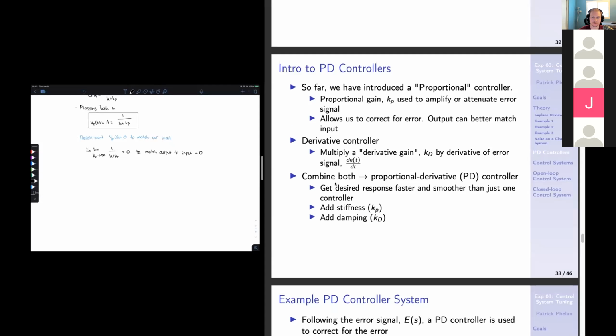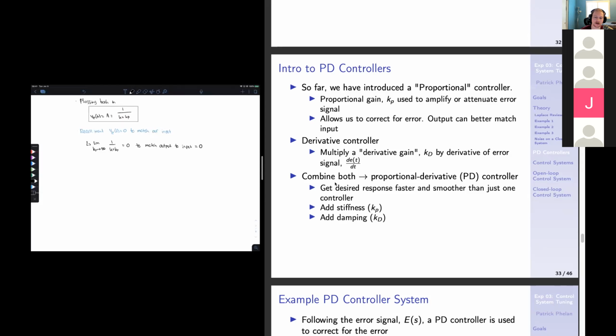So far we only had a proportional controller, which was kp, to reduce the error of our system to better match our input.